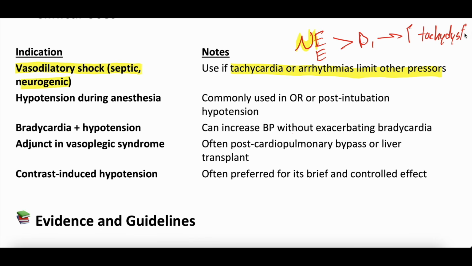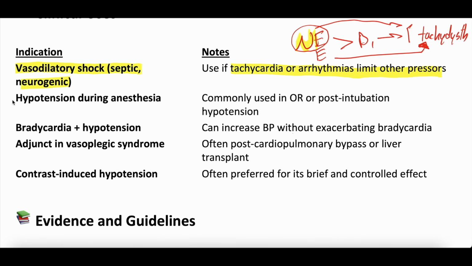Now, norepinephrine has very little beta 1 effect, so it's not as common to cause tachydysrhythmias, whereas epinephrine can and does. So you have to be a little careful, and sometimes, though we personally don't do this very often, you could consider starting phenylephrine to decrease your norepinephrine dose to theoretically not lead to as many tachydysrhythmias. But again, the evidence there is very soft. There's not a lot of evidence that bears that out.